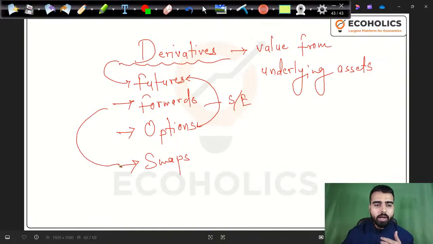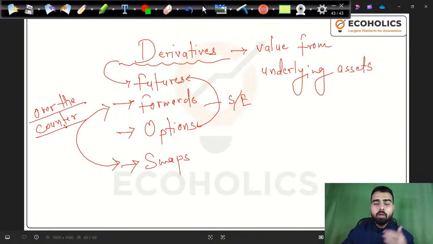Forwards and swaps are not exchange-traded derivatives. They are more of a private or personalized form of derivatives. They cannot be traded on the stock exchange. They are over the counter, which means they are more personalized in nature.